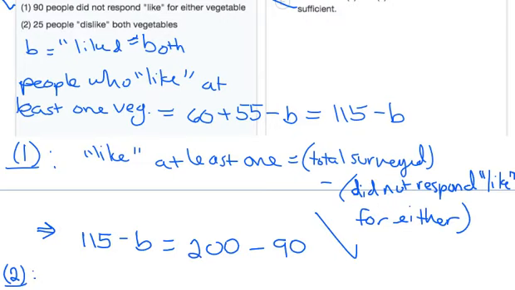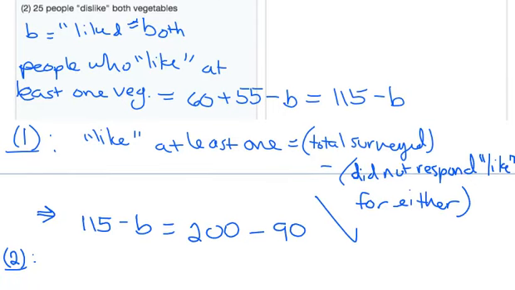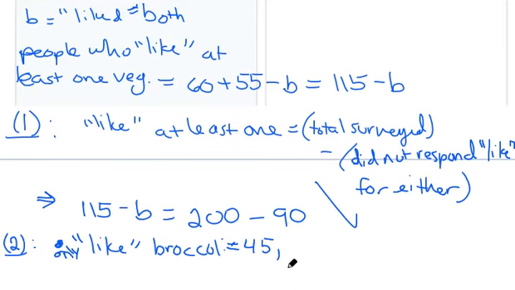To verify, we can pick a couple different scenarios that would still hold true when 25 people dislike both vegetables. So let's jot down a couple of scenarios to verify that we don't have enough information. The first scenario is, suppose the number of people who only like broccoli is 45. We'll slide down for some more space.